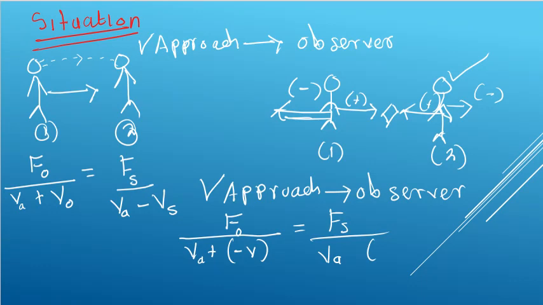Even here, it will be negative. So you're going to have negative V like that. So you use this formula whenever the approach is opposite to each other. So having known this concept, let's try to do some practice questions.